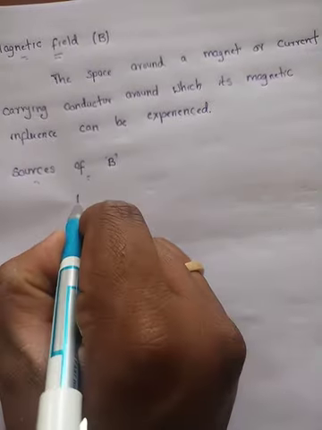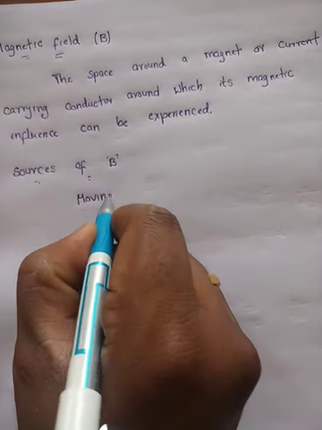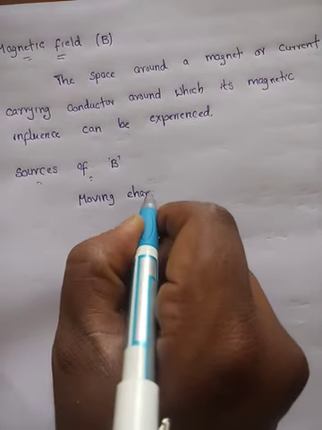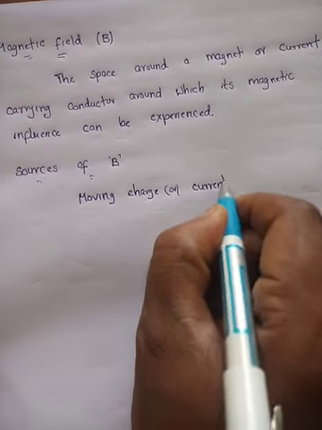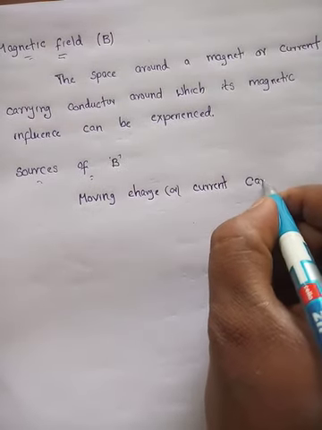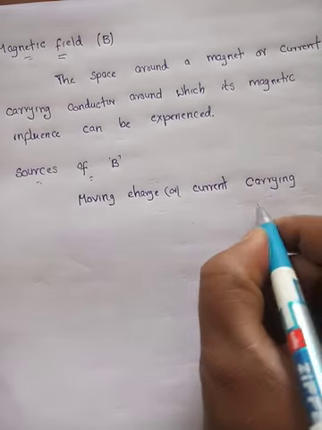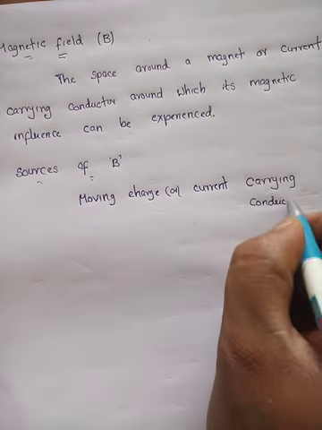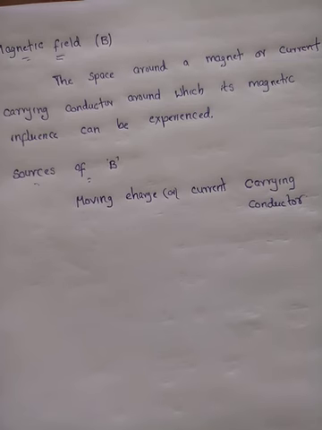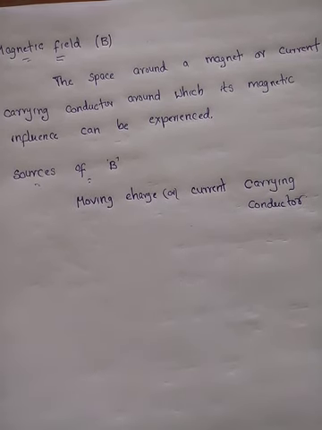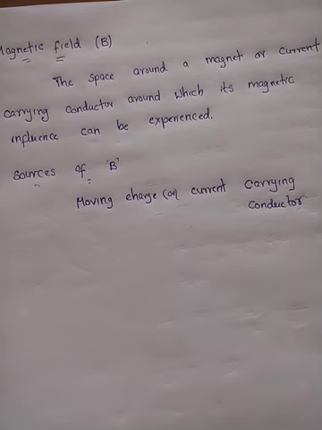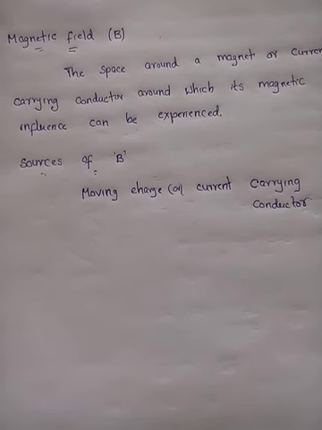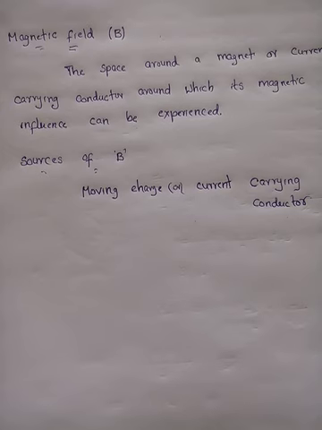So, we can say that a moving charge or a current carrying conductor produces magnetic field, or these are the sources of magnetic field. Is it right? So, that is why our chapter name is called moving charges and magnetism.